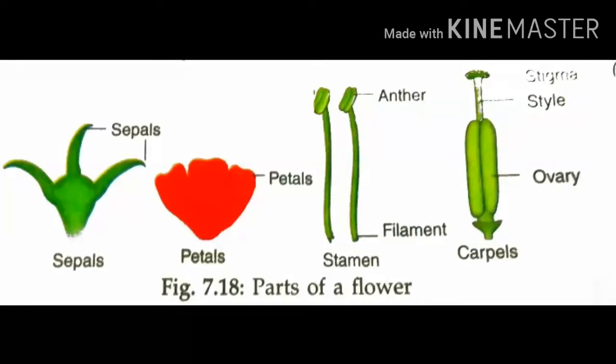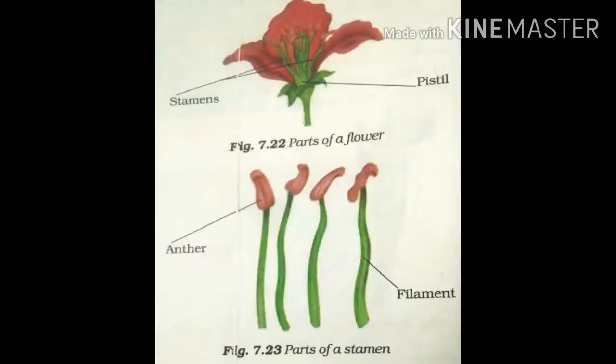The anther is a bag-like structure that contains several pollen grains. Pollen grains are dust-like particles and take part in reproduction. Students, if we touch the middle of the flower, what happens?